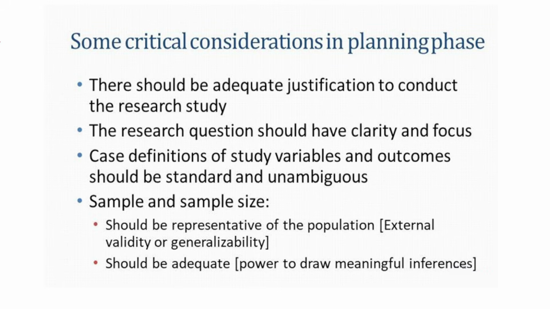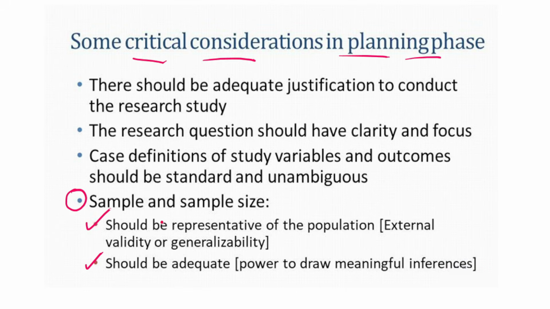Now see the information given in this chart. It speaks regarding some of the critical considerations in the planning phase. Among the statements given here, see the last statement regarding the sample and sample size. They have mentioned that the sample should be a representative of the population, and also that it should be adequate.